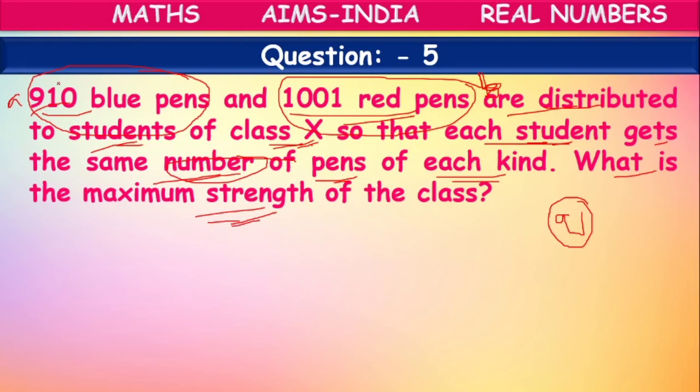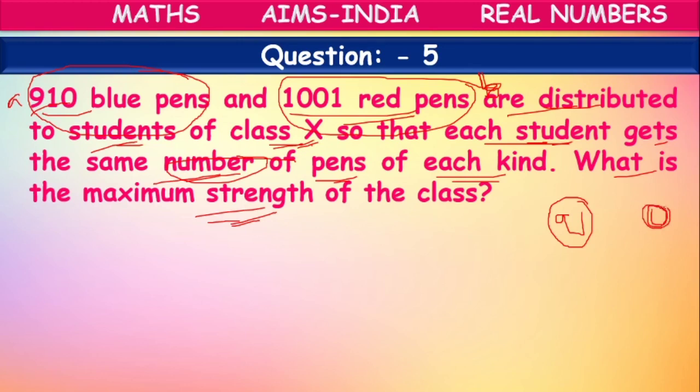So we have some numbers like 910, 1001. We have distributed the same number, means each student got the same number of pens, means all pens are distributed. Nothing is left. After distribution, the remainder is 0.